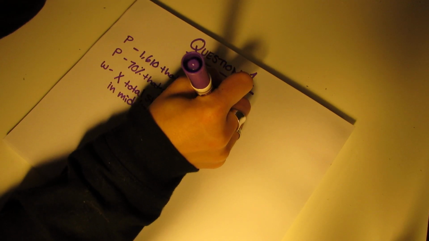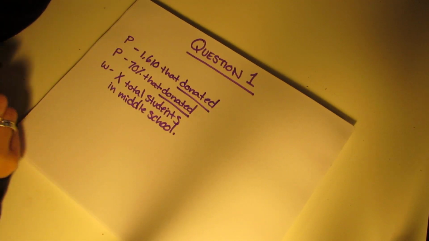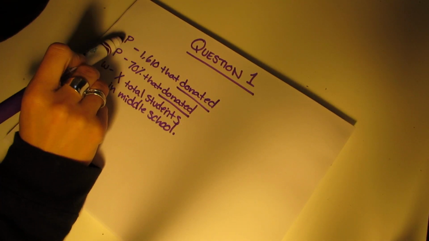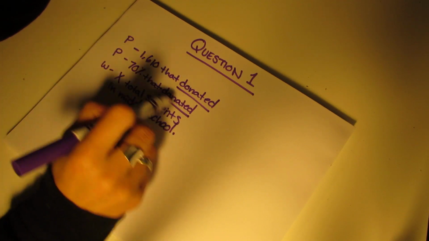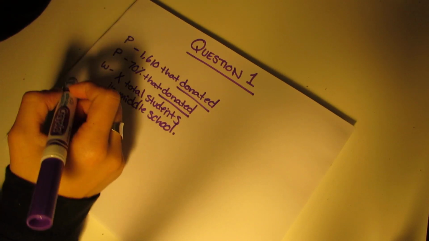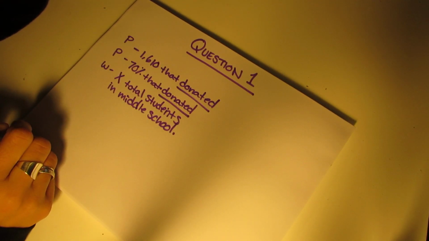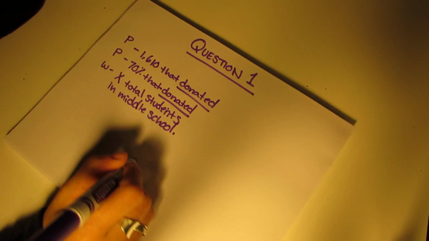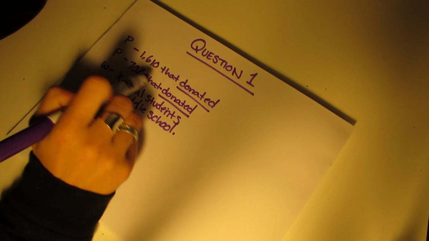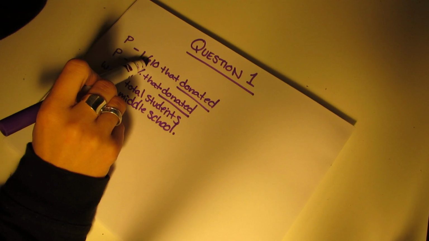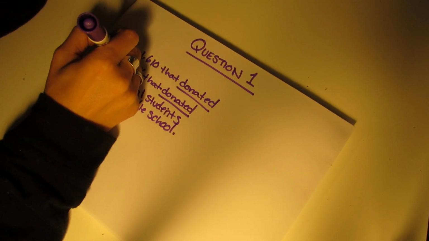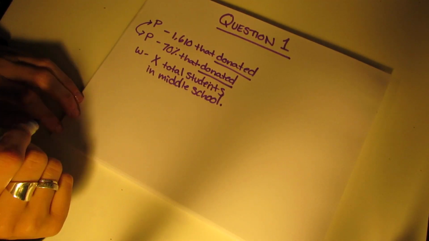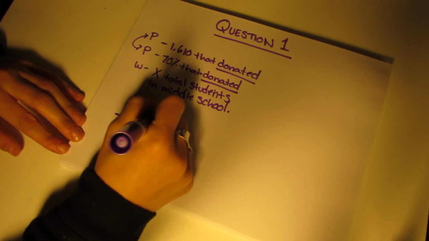Now you're going to know whether or not you're ready to solve when your two parts match. Okay, so if this is telling you the same thing, then you can go ahead and set up your percent proportion. Okay, so 70% donated, 1,610 donated. Okay, these match. So I can go ahead and fill in my information for my percent proportion.